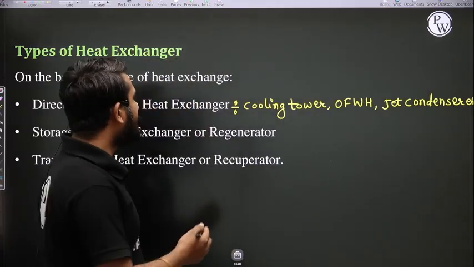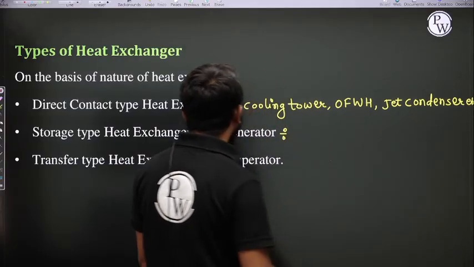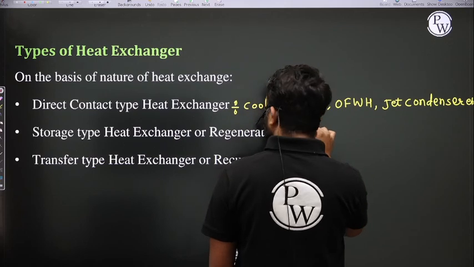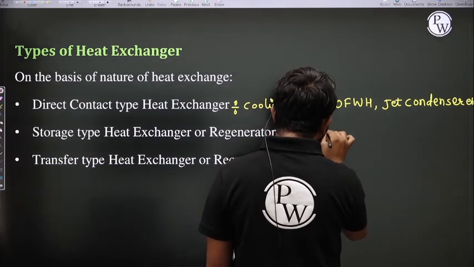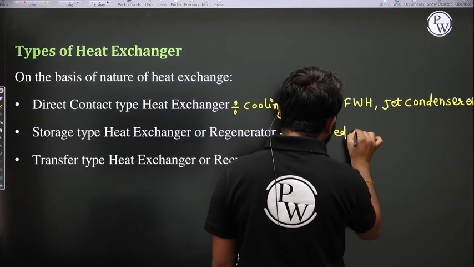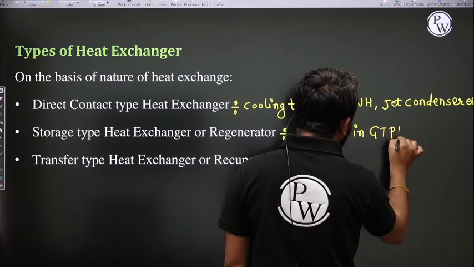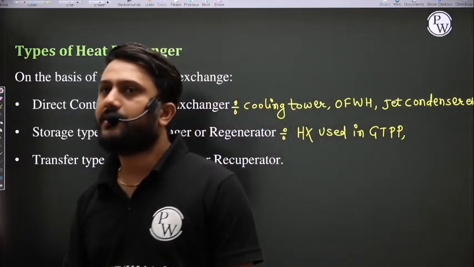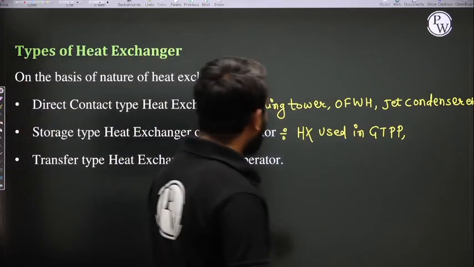So what are the examples of the storage type of heat exchanger? The heat exchanger which is used in a gas turbine power plant, that is known as the regenerator only.